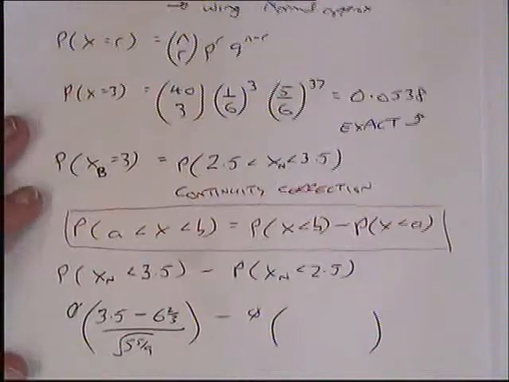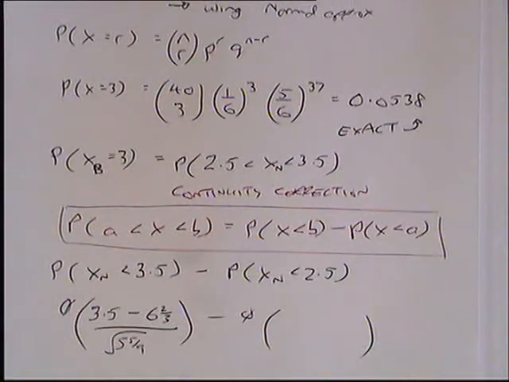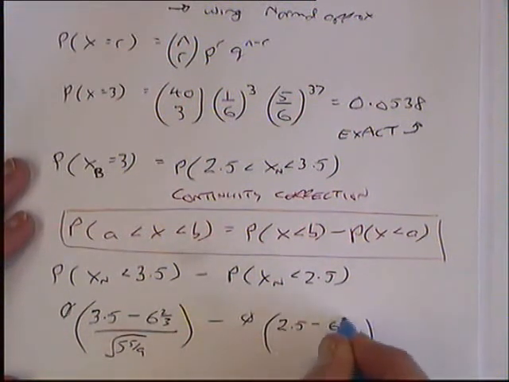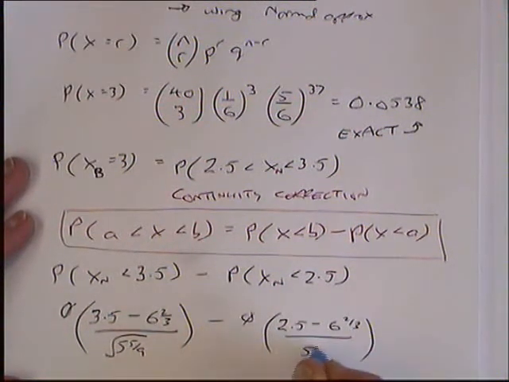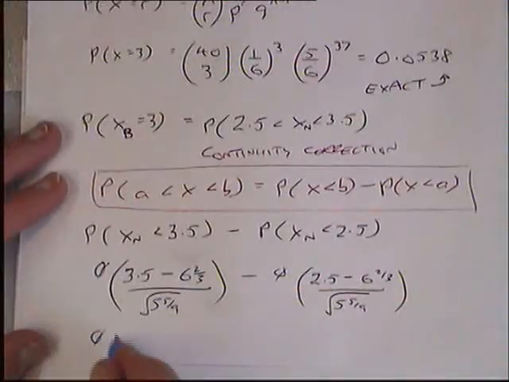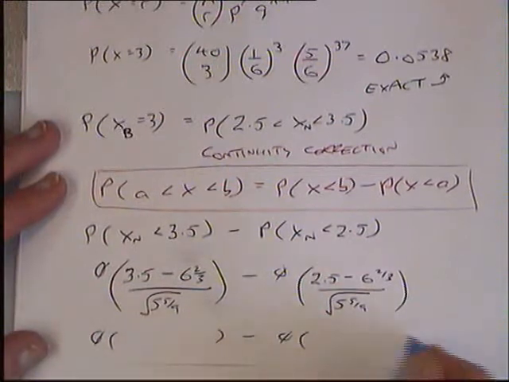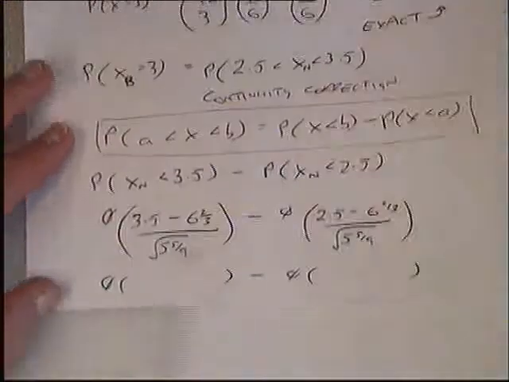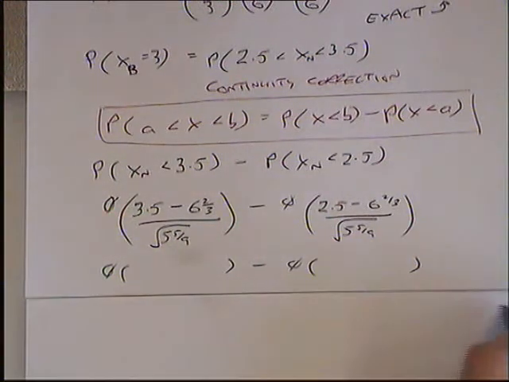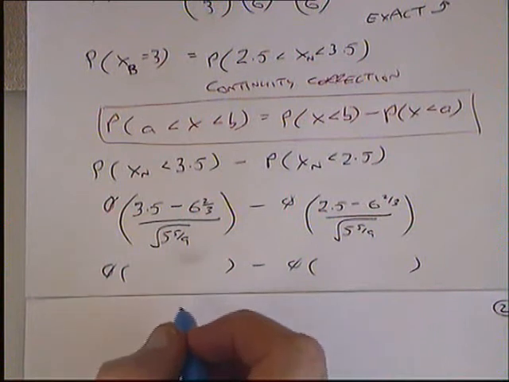Okay, so that is what we get for the first bracket. We need to do the same thing over here, but put a 2.5 in. The mu and the sigma will remain the same. So the next step is to work out the value of each bracket, and then use your tables or your calculators to get answers. Can I leave you to finish that bit off and see what you get and whether you come up with any problems? What are the numbers in the brackets?